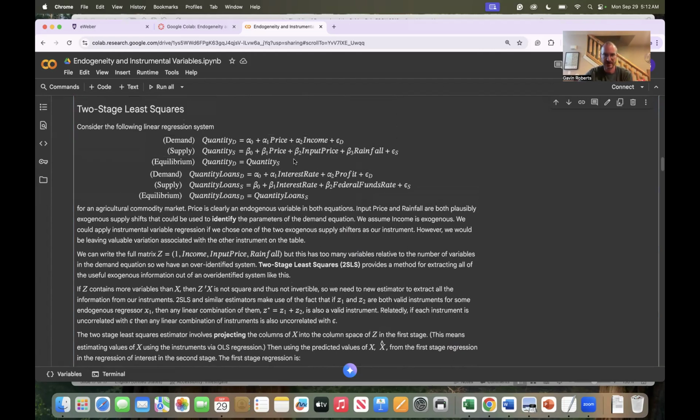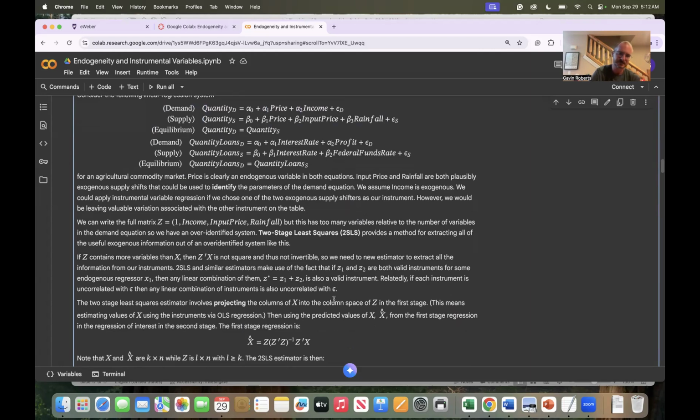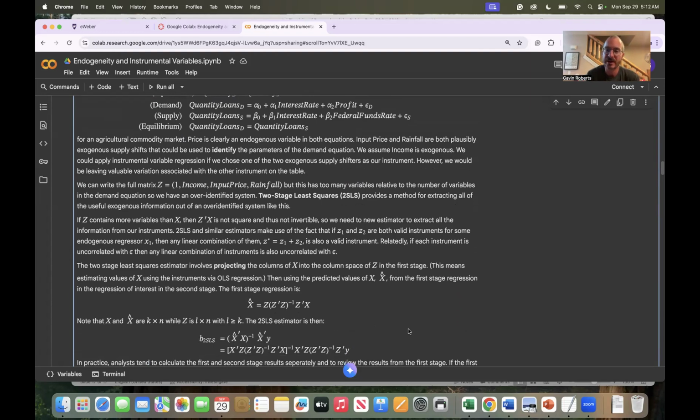Now I'm referring to this system for agricultural commodities in this paragraph. So price is clearly an endogenous variable in both equations, which we've discussed before. That's the example from the first lecture. However, input price and rainfall, we might say, are both plausibly exogenous, because remember, we can't really test this.